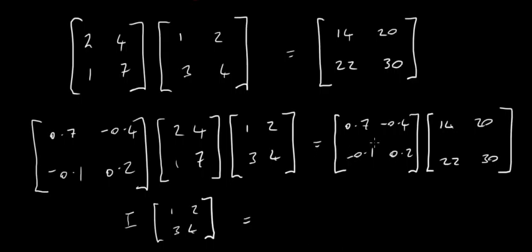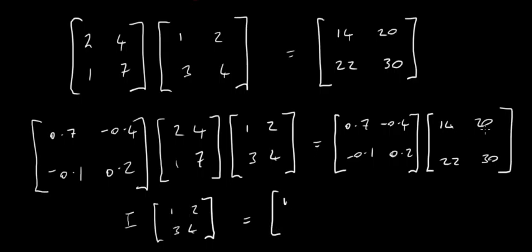And over here then I should get 0.7 times 14 plus, or in fact minus, I've got to do this times 22, so it's going to be minus 0.4 times 22, and that gives me 1 here. So I would expect that, look, I've got 1 here.